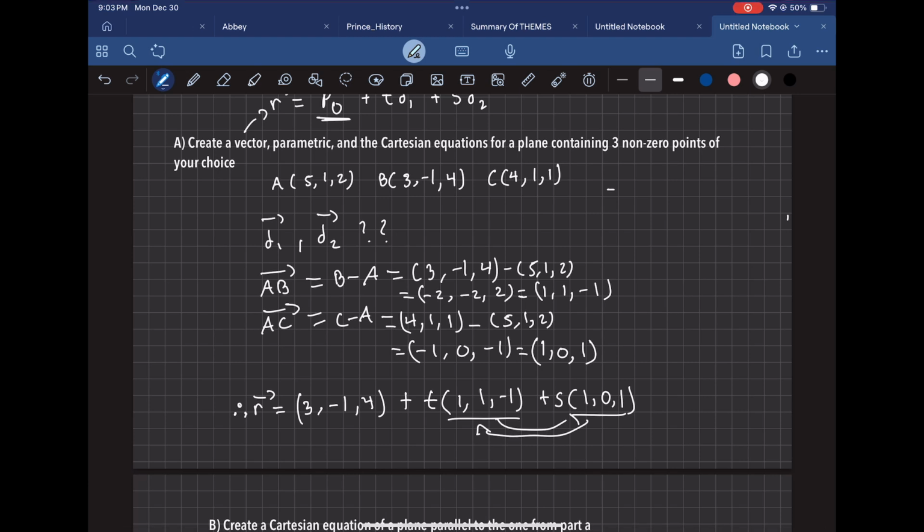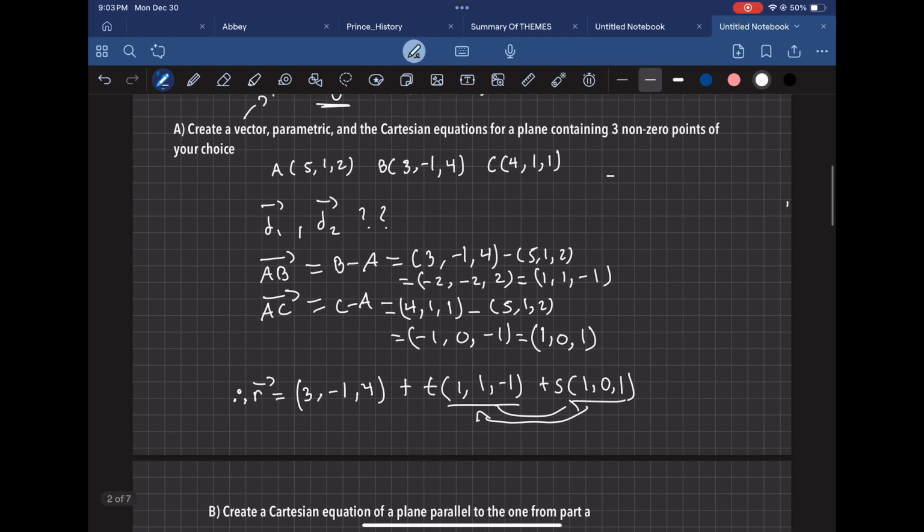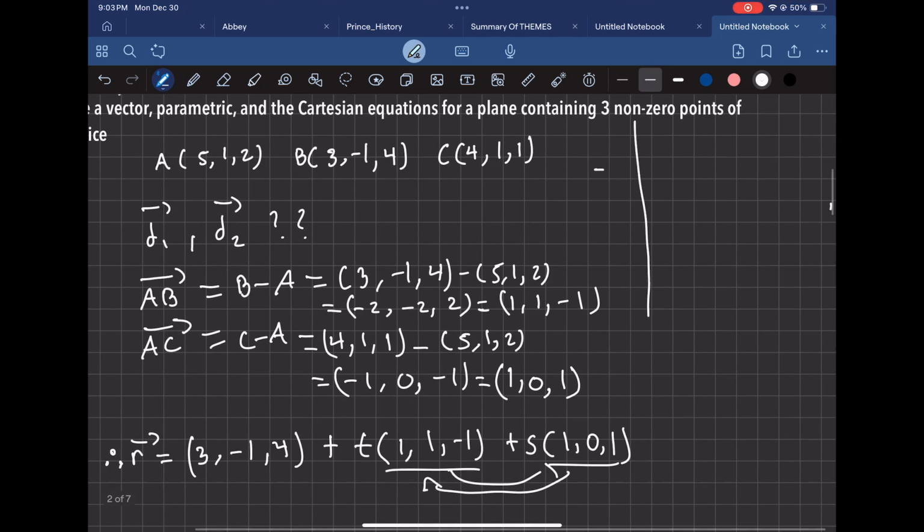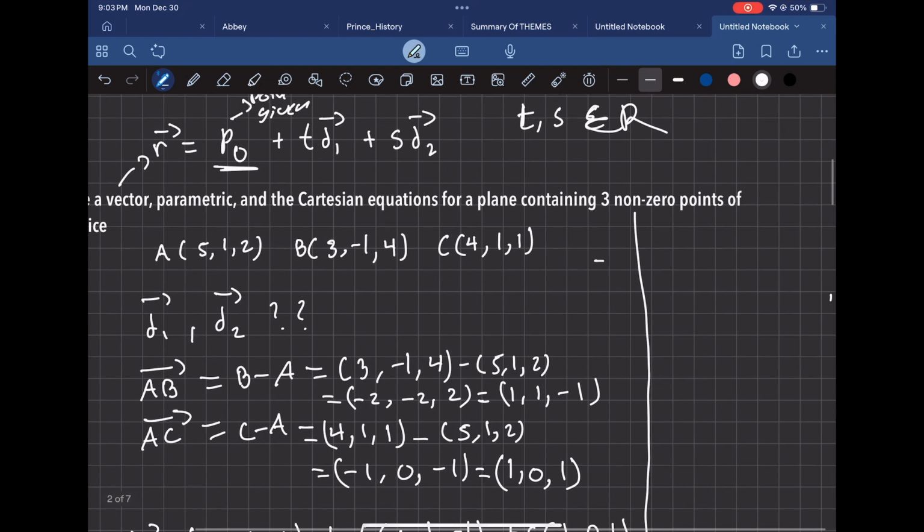Now the next equation that we have to write is the parametric equation. So I'm just going to draw a line over here. So the parametric equation basically follows this format. It's basically the vector equation split into its x, y, z components.